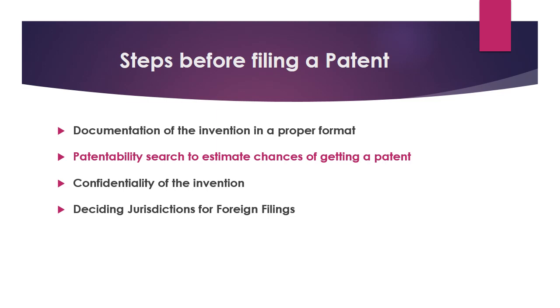So if you think your invention has the potential to sell in the US market, then you should decide that your patent should be filed in India followed by filing in the US. This estimation should be done before going ahead with the Indian application. Even if you are going for an Indian application, after filing an Indian application you get 12 months' time to decide in which foreign country you want to file.